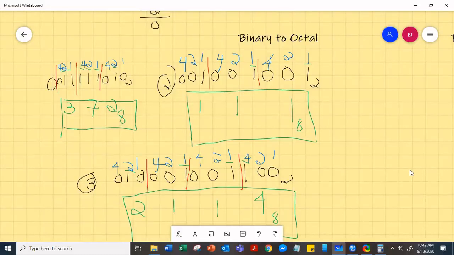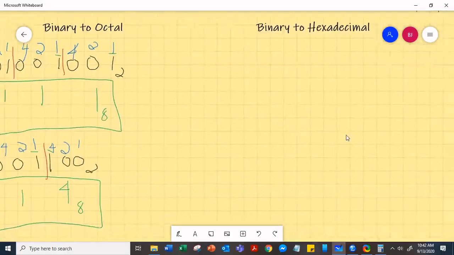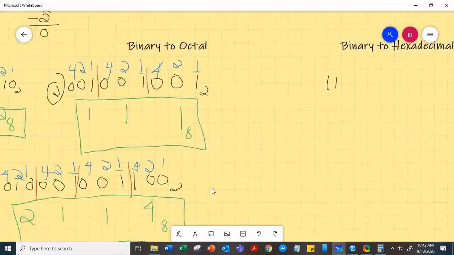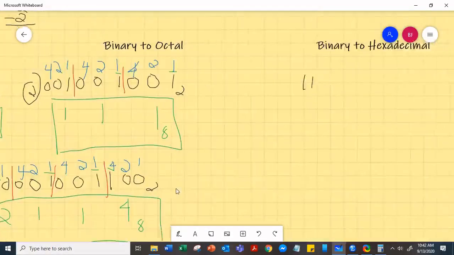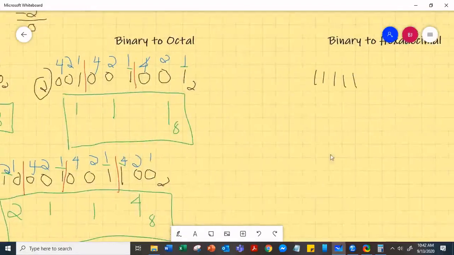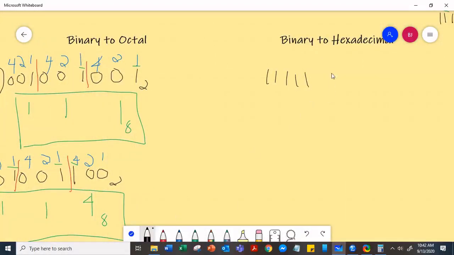Okay, so let's use the same numbers here: 0, 1, 1, 1, 1, 1, 1. Oh, so we have 5 ones here. And 0, 1, 0, 0, 1, 0, base 2, as our first example.